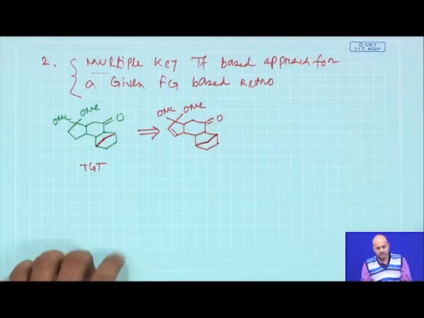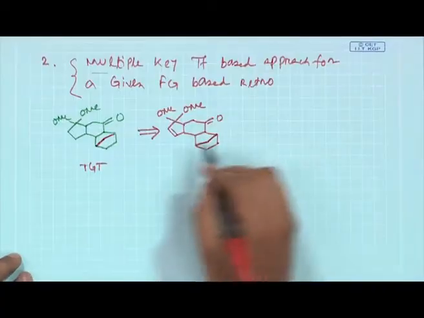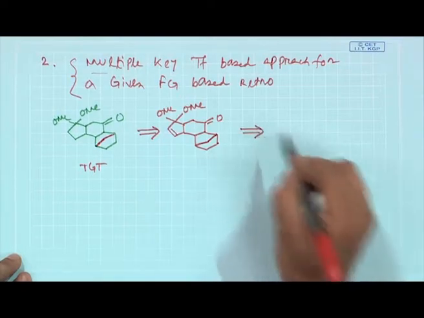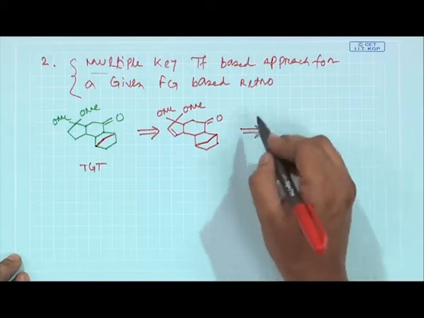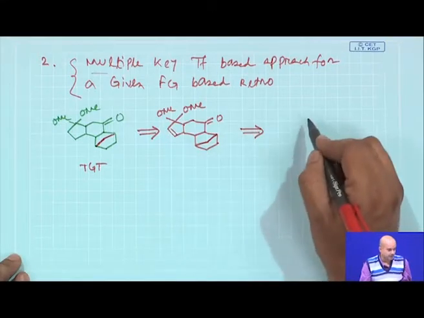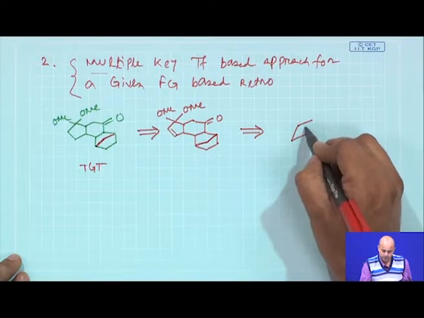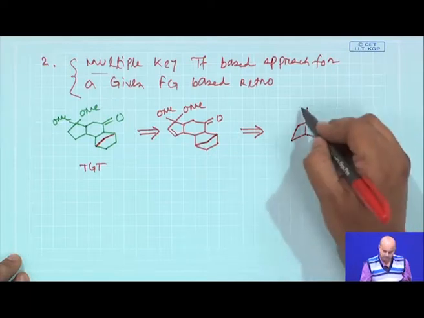As I said, the logic must be there, but that visualization experienced people can think about, and when they do this retro, they find that hydrogenation will give you some interesting skeletal disconnection. Now, the next skeletal disconnection which I am trying to figure out is the most crucial part in the entire pathway.